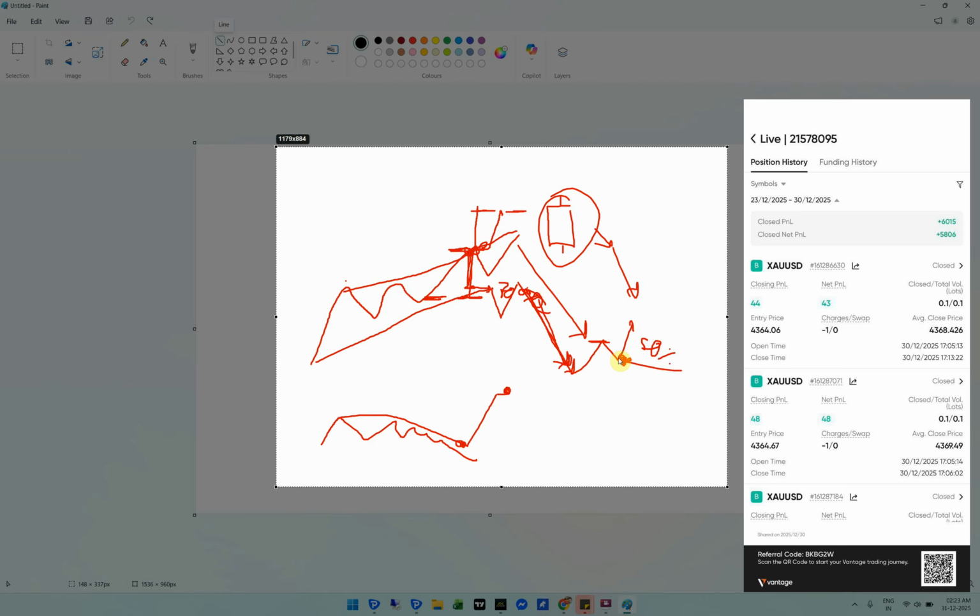Okay, now come to the point. First of all, there are three factors we need to figure out before entering this trade: fundamental, technical, and sentimental. So fundamental depends upon the news factor and what the market is doing.